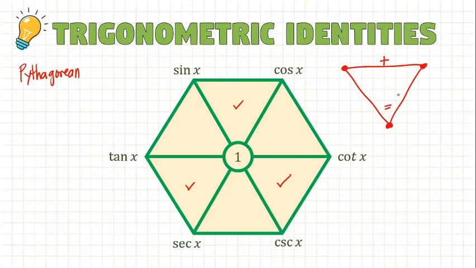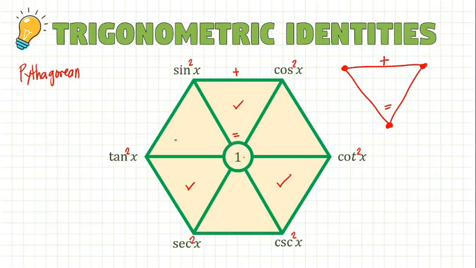Since Pythagorean identities, we have squares. So you will just add squares here. So tangent square, sine square, cosine square, cotangent square, cosecant square, and secant square. So we will have sine square x plus cosine square x is equal to 1.